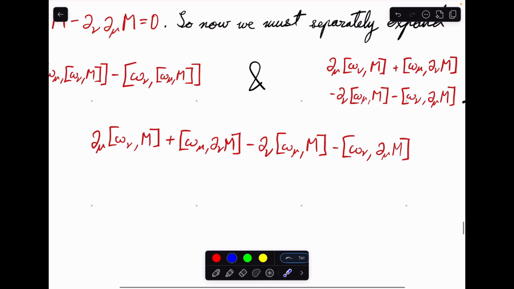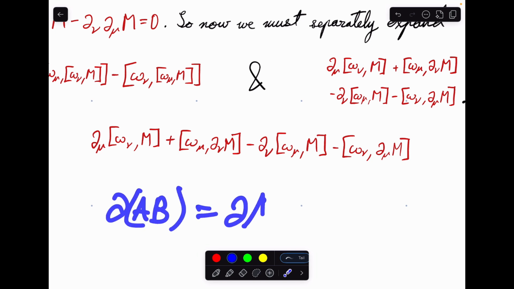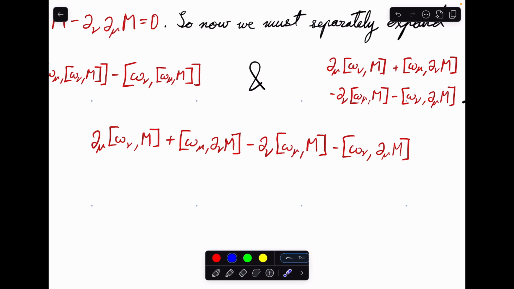When you take the derivative of this entire thing, you do the product rule: the derivative of AB is the derivative acting on A plus the derivative acting on B. So you're going to get an object that just has partial mu acting on M. That would have a positive sign, and this has a negative sign, so this term will cancel with this.